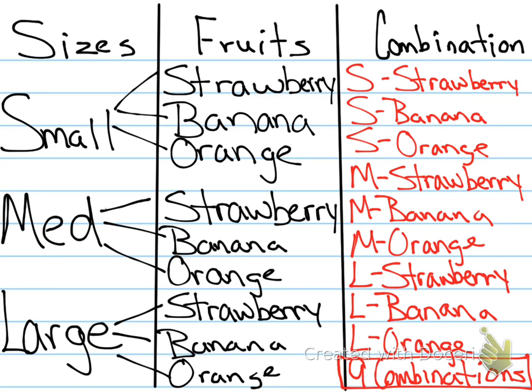So I do all that work to find the total number of combinations. So now I can take that number and I can calculate probability. For example, what is the probability that I will choose a small beverage, size small? Well, how many options are smalls? 3 out of 9.